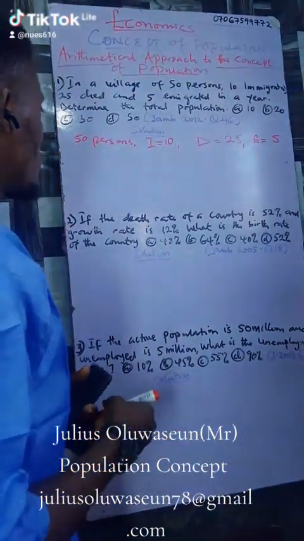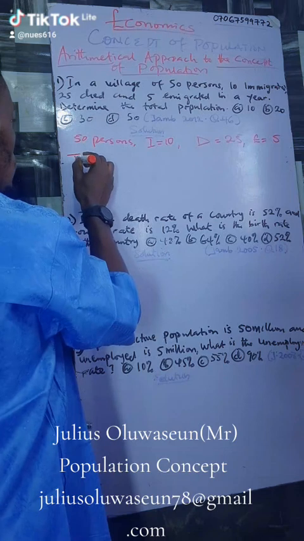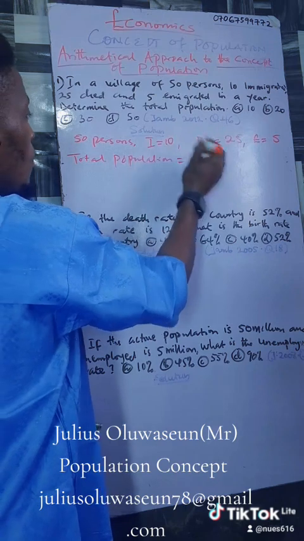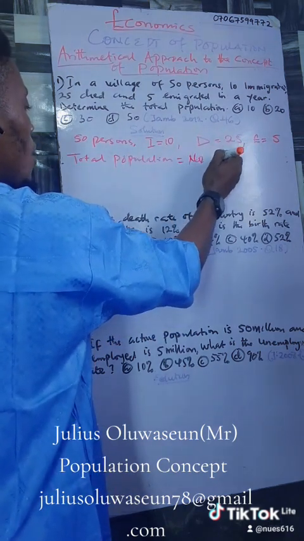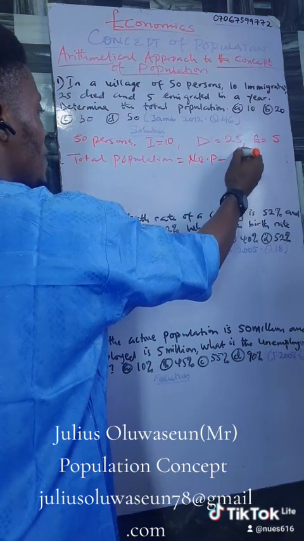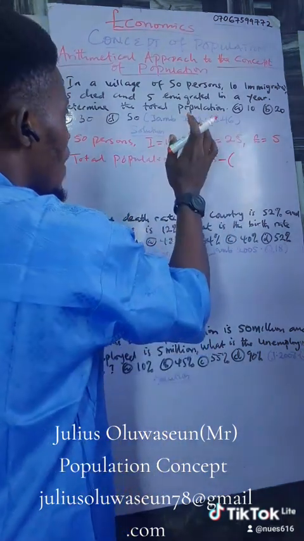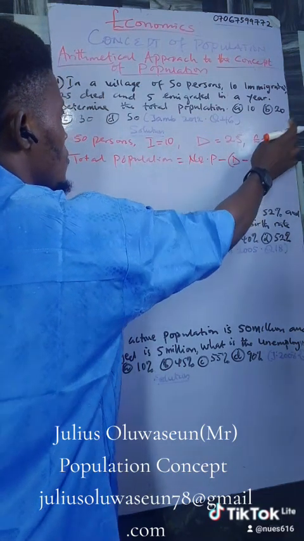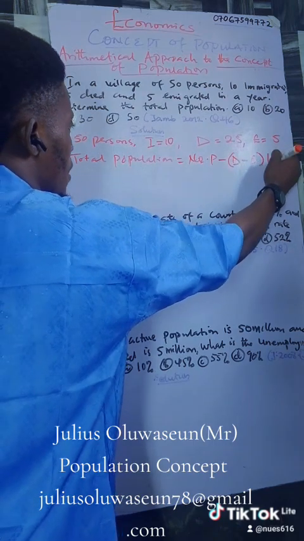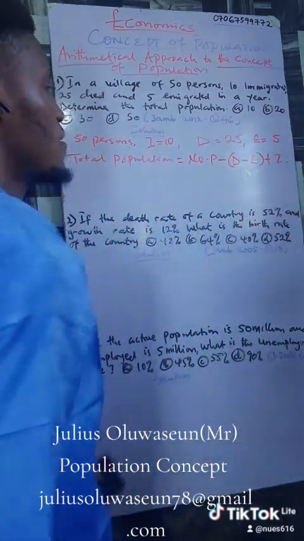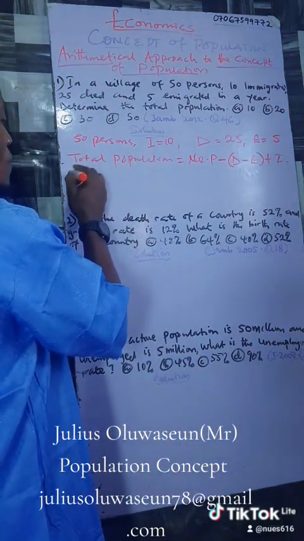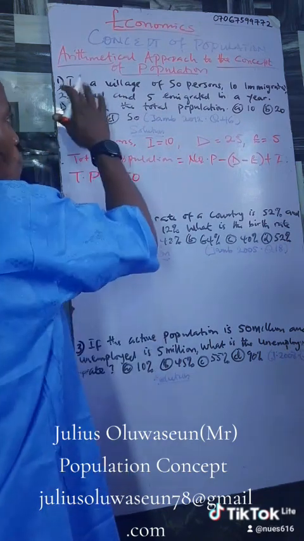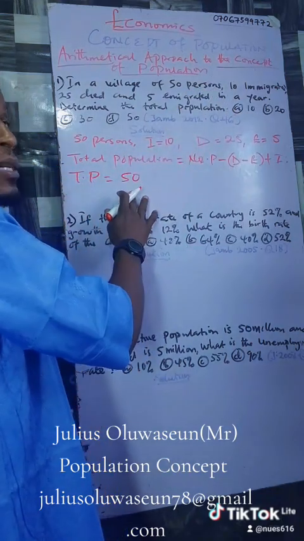Now what we are going to do in actual sense is this: for us to get the total population, we have the number of persons minus the death rate, which is D, and we also have minus emigrated people, plus our immigration, which is I. Going by this description, our total population is the number of persons, which is 50, because we have a village of 50 persons.